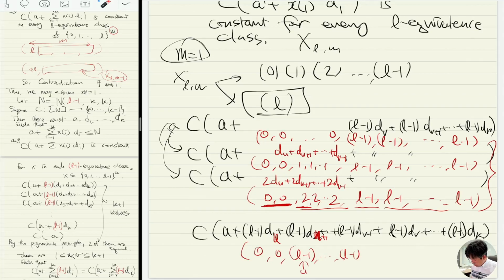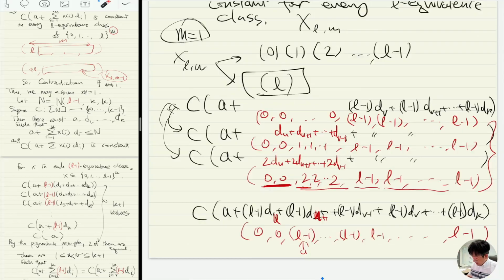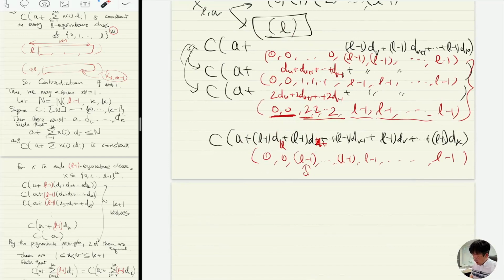So this is u, and then, right? But this is what? So this color is equal to C of A and L from v to k, right? And that's the same as this thing. Oh, it's L minus 1.